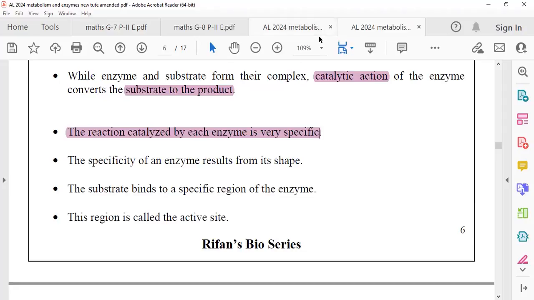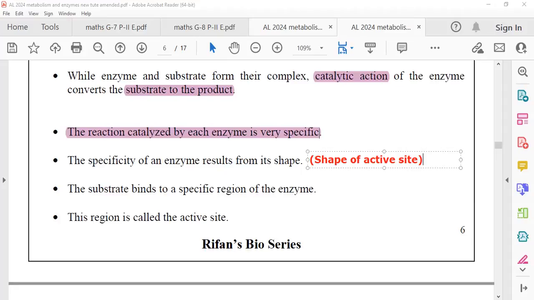Is it the enzyme shape? No. It is the shape of the active site. Active site shape and substrate shape should fit with each other, should be complementary.